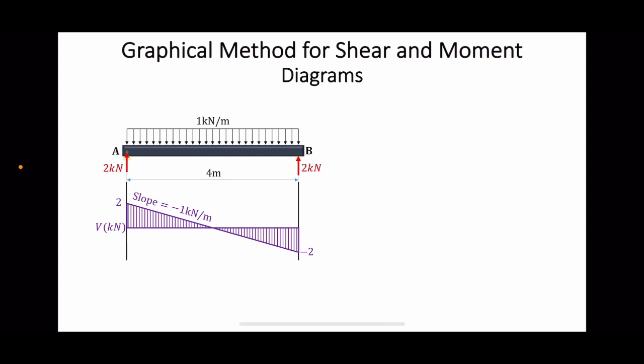Now let us plot the moment diagram. Since there is no concentrated moment, there will be no jump in the moment diagram when we go from the left side of point A to the right side of point A. To continue, we know the moment diagram will have a slope of 2 kilonewton at point A, which is equal to the shear force at point A that we can see from the above shear diagram.